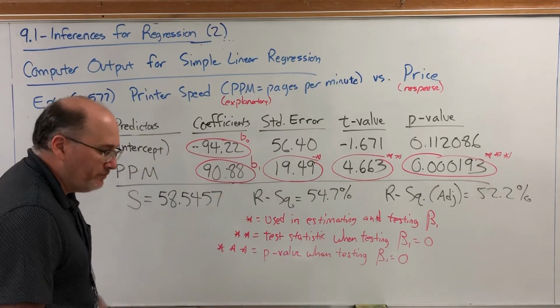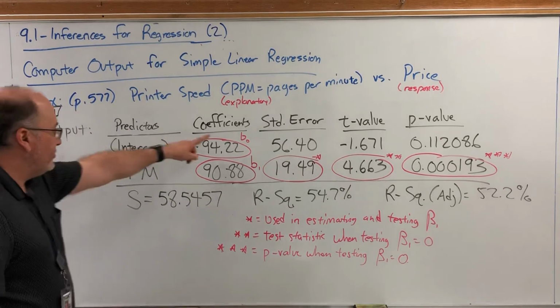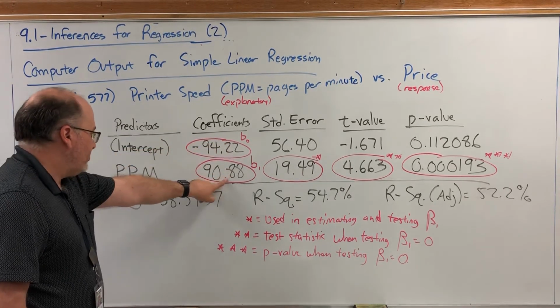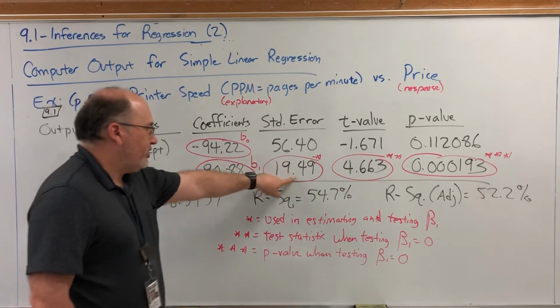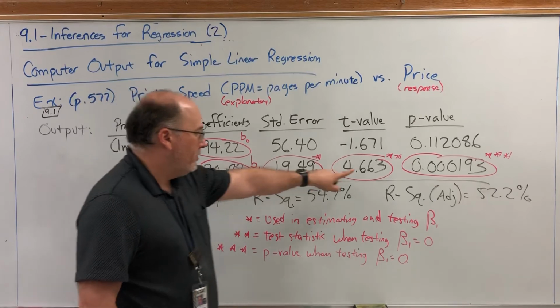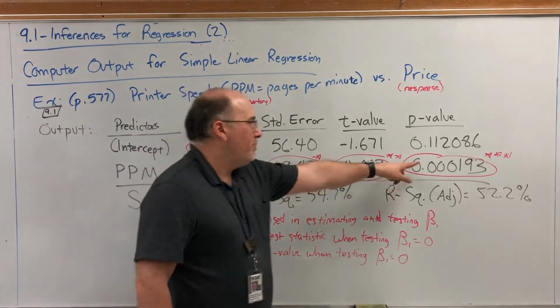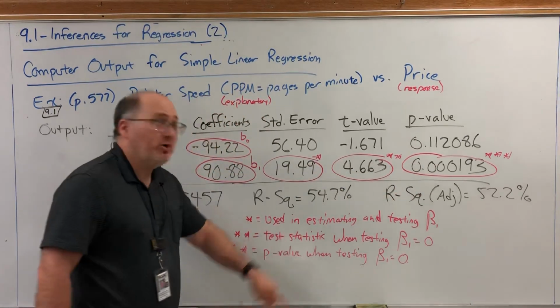Not correlation. Forget I said that. All right, so intercept here, slope here, standard error for when you're estimating and testing the population slope, test statistic for when you're testing the slope is equal to 0, p-value for when you're testing if the slope is equal to 0.